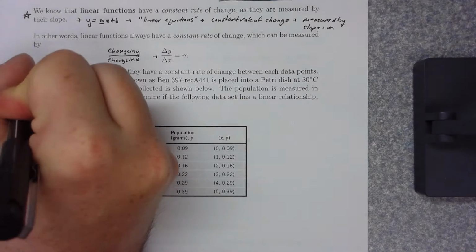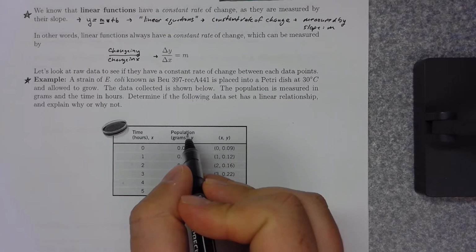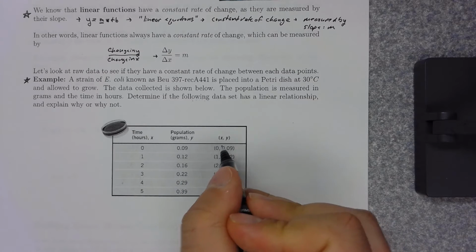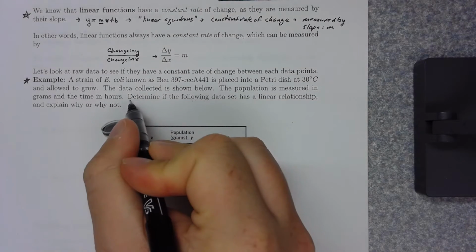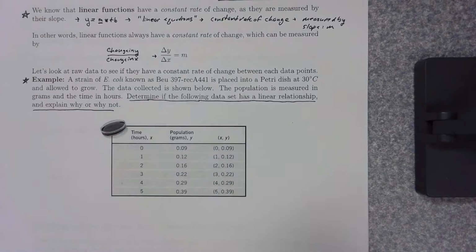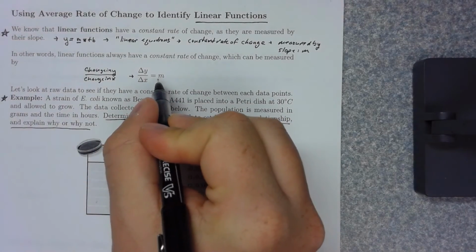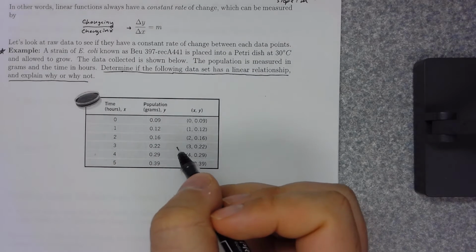If we have a table full of raw data like we do here, this is a measure of the number of grams of E. coli bacteria after x amount of hours. I want to determine if the following data set has a linear relationship and explain why or why not. So what you're really doing is you're trying to see if the slope exists between each data point.